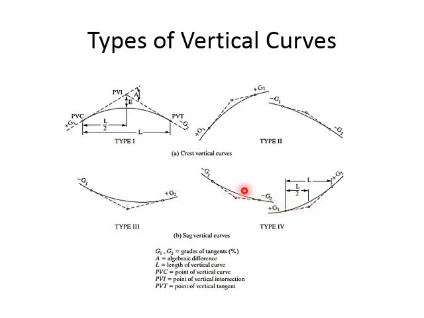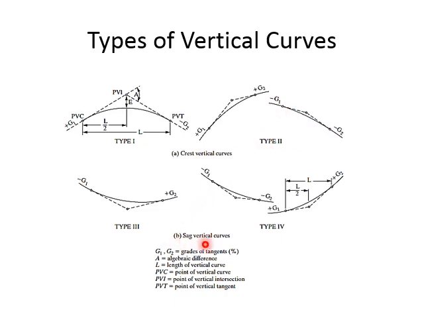So that is the main difference. Then what are the subtypes? If you have a crest curve which has gradients in two different directions, so you have a positive gradient here, negative here, that is type 1. And if you have a crest curve where both gradients are in the same direction, either both of them are positive like here, or both of them are negative like this one, then it is type 2.